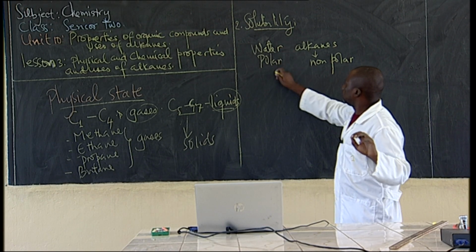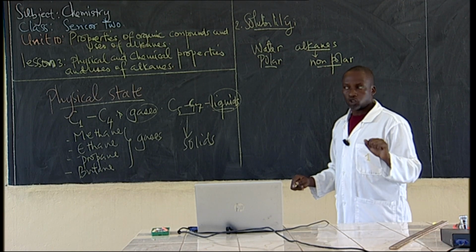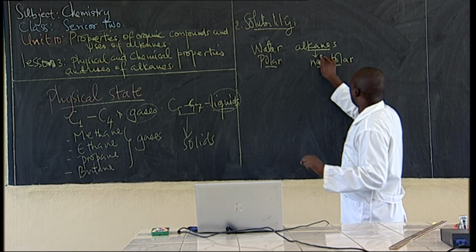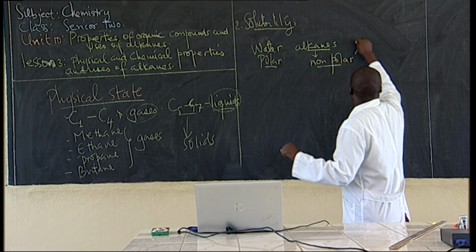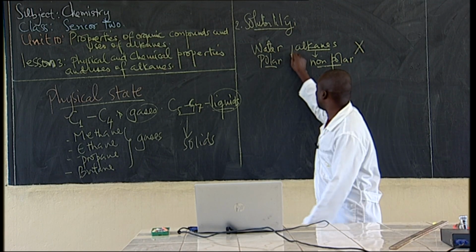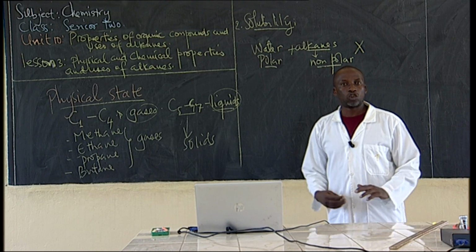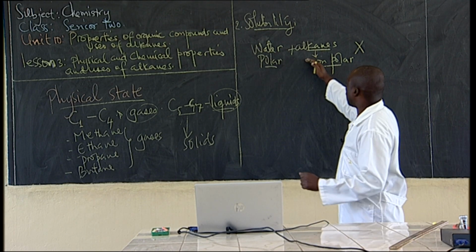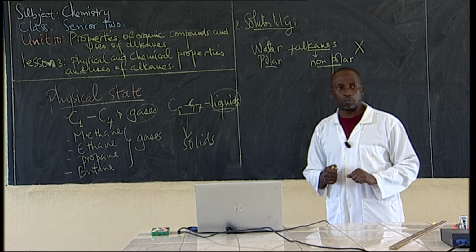Water is polar, alkanes are non-polar. So because they don't have the same nature, these ones will not dissolve. When you get water and add an alkane, there will be no dissolving. And this applies to most of the organic compounds.